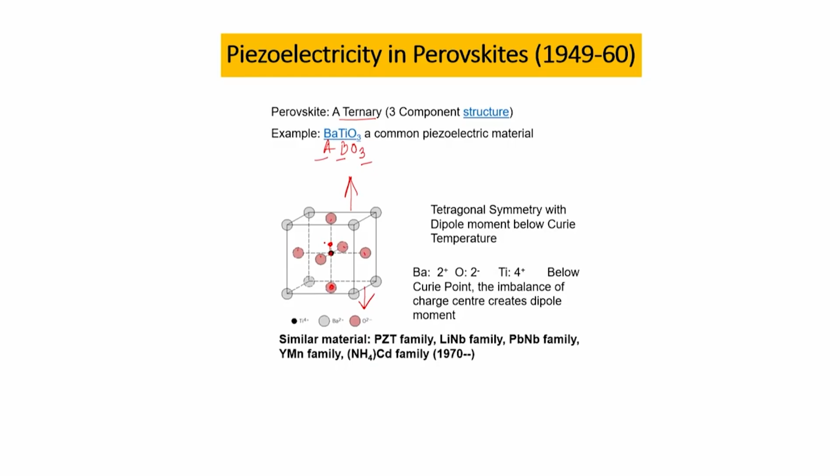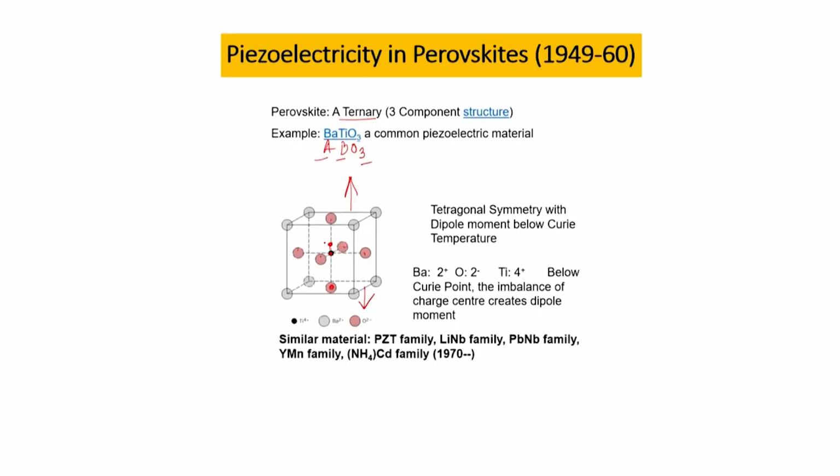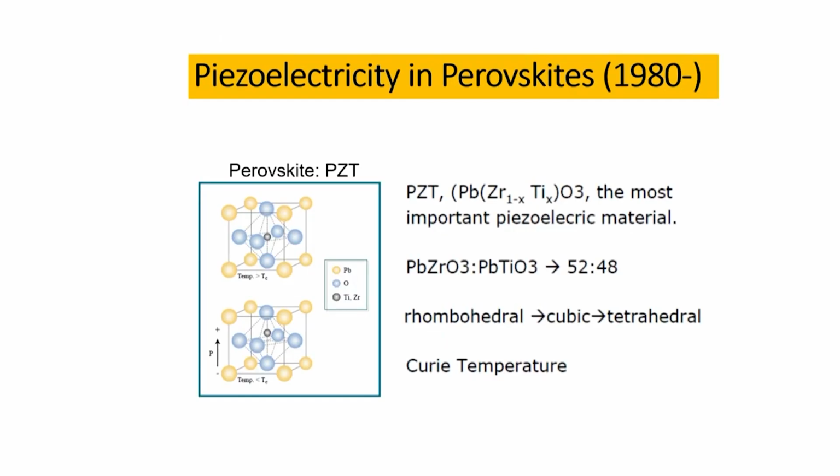That change in polarity that is happening in one crystal is happening in multiple crystals, and if you can somehow make all these dipole moments align, then you get a large change, and then there is a voltage that gets generated, which you can sense in the system. And this you will see not only in barium titanate, but in lead zirconate titanate, lithium niobate, lead niobate, yttrium manganese, and the ammonium cadmium family. So, there is a large family which shows this.